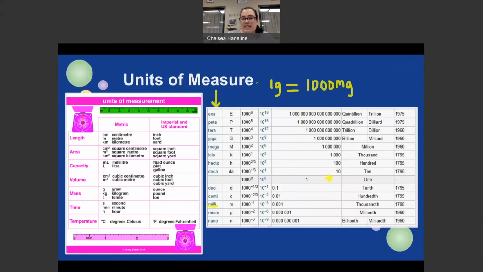So basically, when you start out with the unit that you want, you say 1 gram, and I want to get to milligrams. So I multiply this by, okay, how many grams are in a milligram? It tells you here there's 0.001.